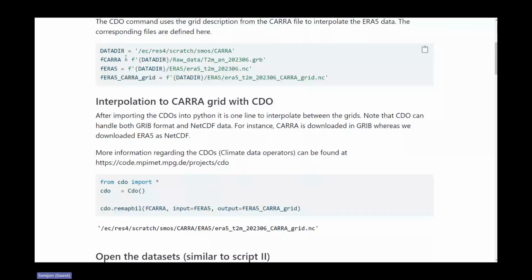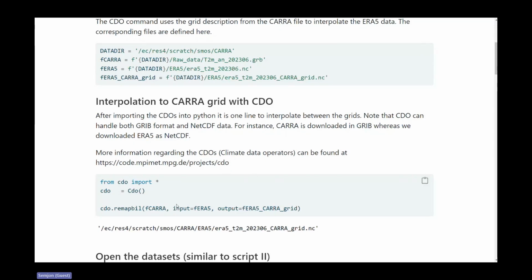So the CDO is taking the grid description directly from the GRIB file. And as input file, the file that we want to interpolate, that's the ERA5 data, specified here. I can also point out that the ERA5 data is loaded as a netCDF file. So CDOs have no problem with handling netCDF and GRIB data files.